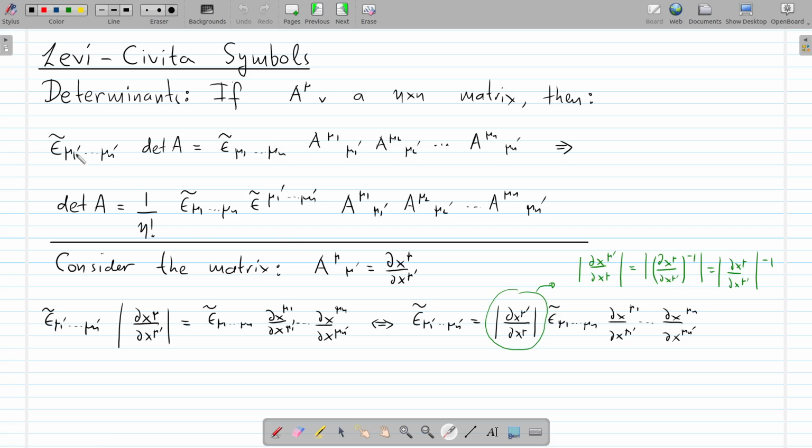So if we substitute the first formula here, we obtain this relation here, where we denote the determinant of this matrix of derivatives by these vertical lines. This is called the Jacobian of the transformation.